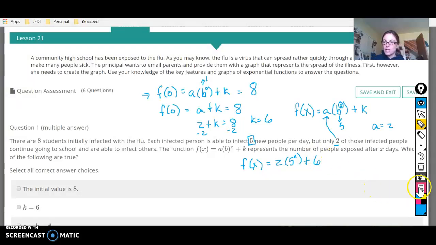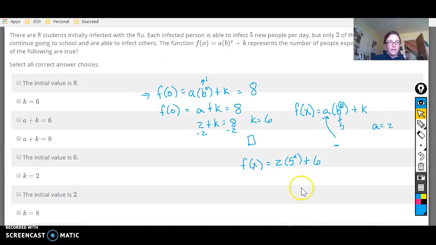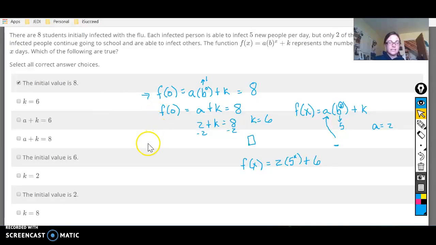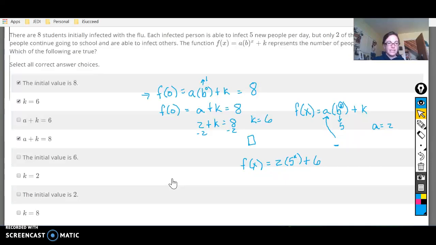So let's scroll down and figure out the right answers here. They told us that the initial value was 8. We figured out that k was 6. And we also knew that a plus k equaled 8, because 8 is our initial value.